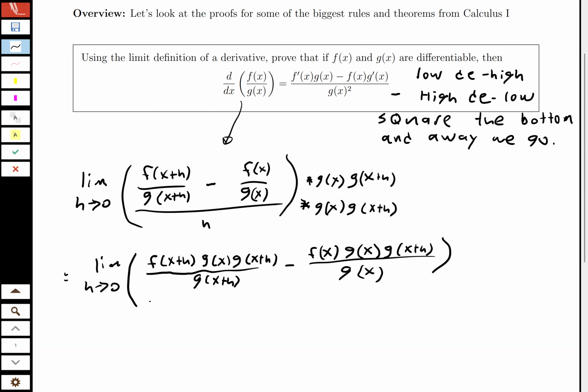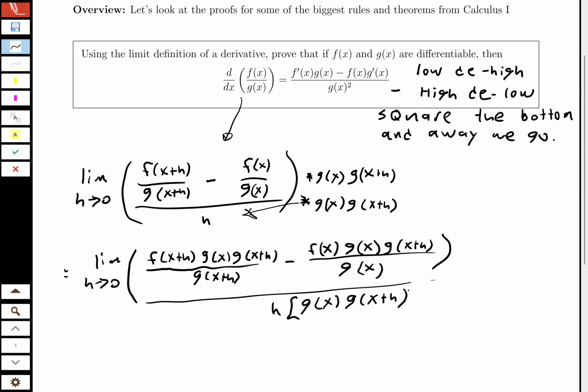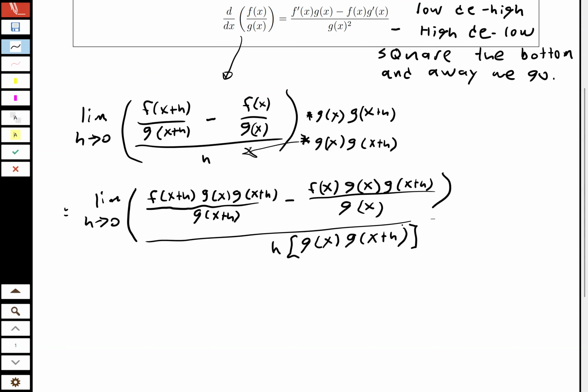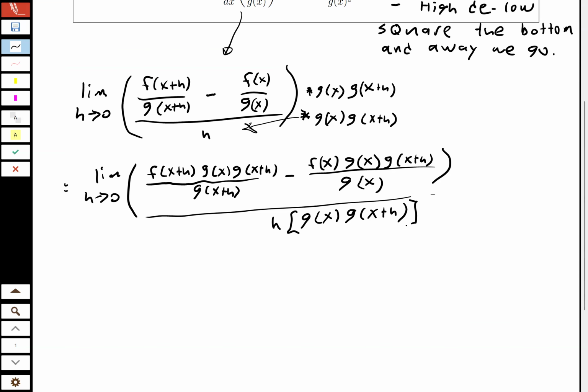And this entire thing is over h, which is now getting multiplied by g of x and g of x plus h. So multiplying the top and bottom of this big fraction by g of x times g of x plus h really seems to have made things worse here. But let's simplify a bit.